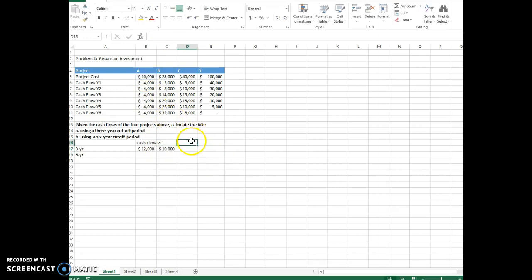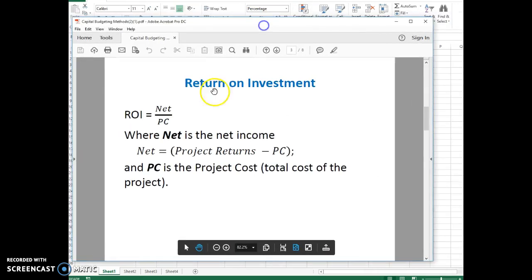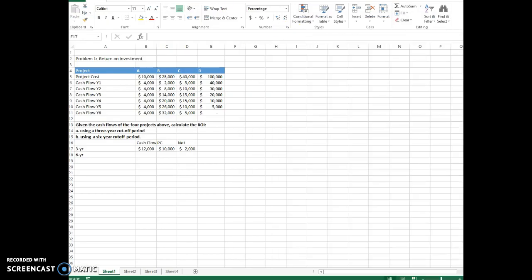So our net, let's do our quick calculation of our net, is going to be equal to the 3 years, this minus the project cost, right? So the formula is that minus the project cost. We get a net of 2,000. So now, again, looking at our return on investment formula, it's net divided by PC.